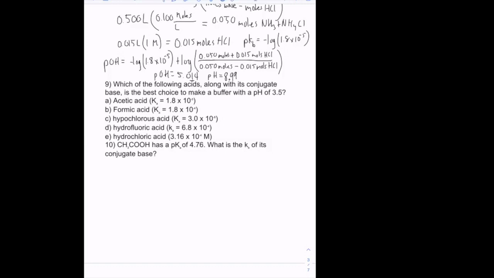Okay, so for this problem, number 9, basically it wants you to figure out which choice is the best to make a buffer of a pH of 3.5. All you want to look at for a problem like this is what the pKa is, and whichever pKa is closest to the desired pH is what you want your buffer to be.